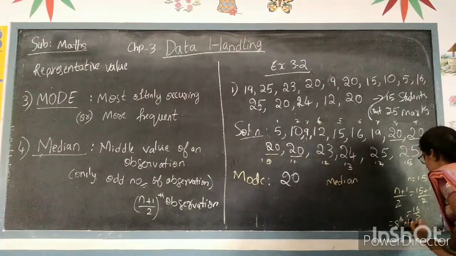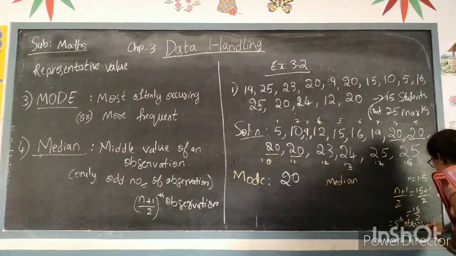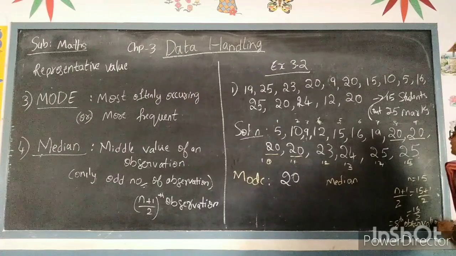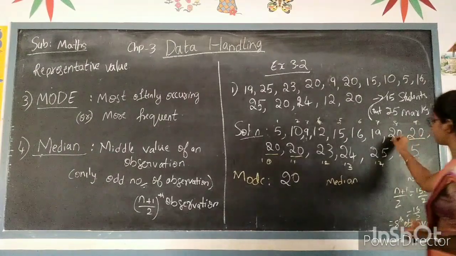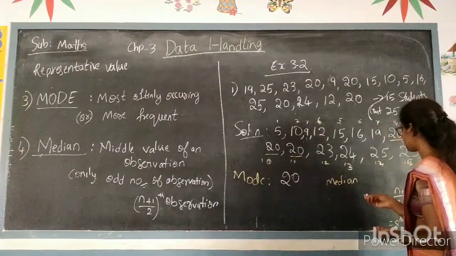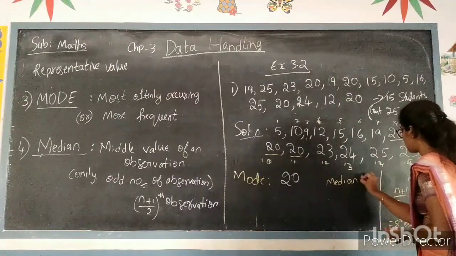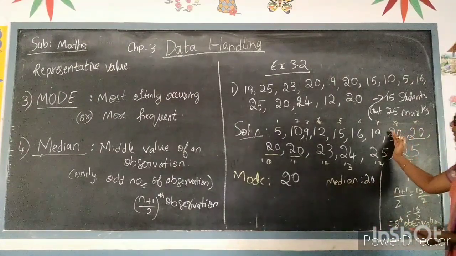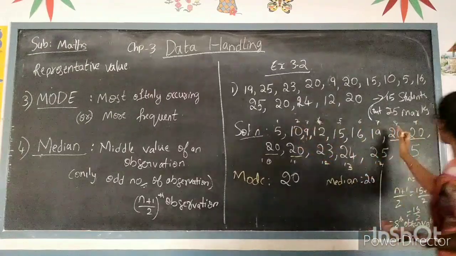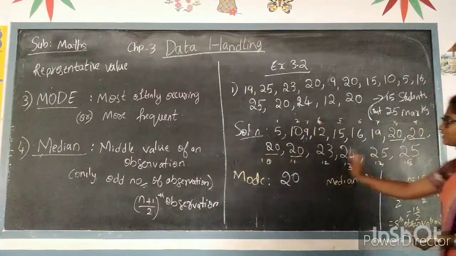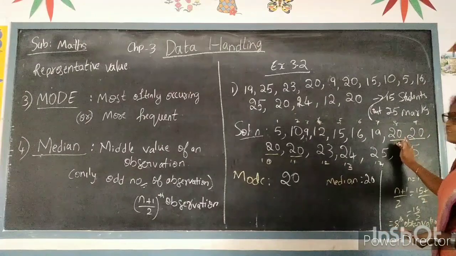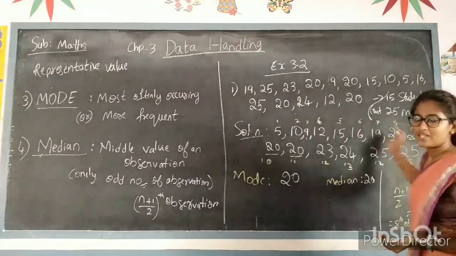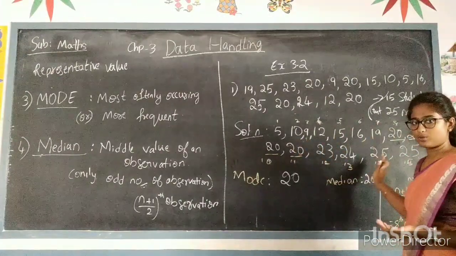The 8th observation is the middle term here, and the 8th observation is 20. So the median over here is also 20. See, below the 8th term there are 7 terms and above it there are 7 terms. So this middle term divides the given data equally below and above it.